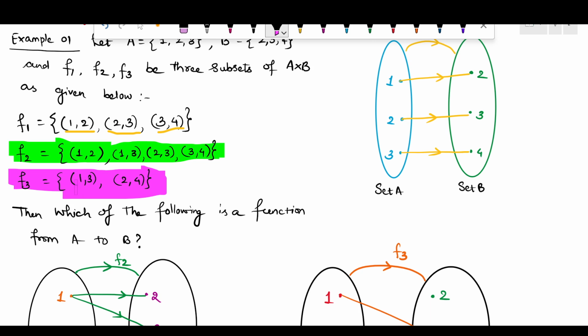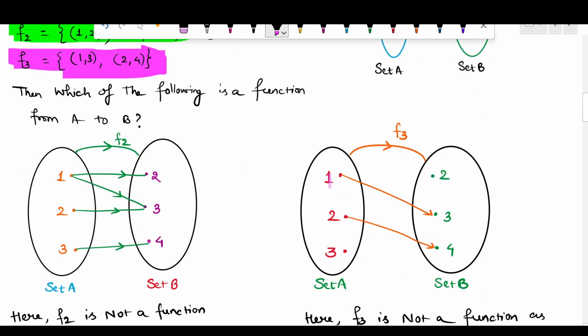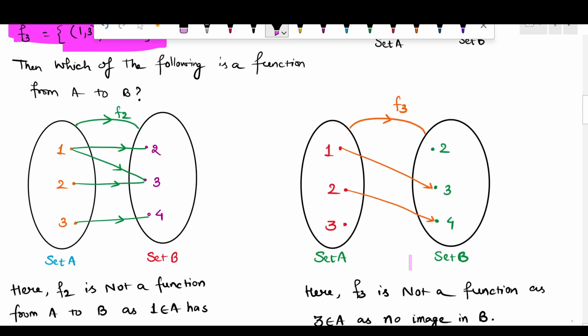See, no two ordered pairs have the same first element, right? Here this ordered pair has 1 as the first element, and here this ordered pair has 2 as the first element. See the mapping diagram. But this should not be a sufficient condition.